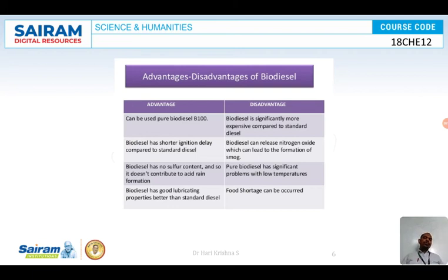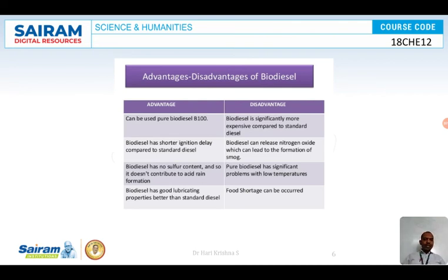As soon as diesel droplets go inside, they should undergo combustion and energy will be liberated. If there is a delay in ignition after the droplets fall, it is called ignition delay. Due to ignition delay, knocking occurs. Ignition delay is the main reason for knocking. Remember that. Biodiesel has a shorter ignition delay compared to normal diesel, therefore fewer chances of knocking.